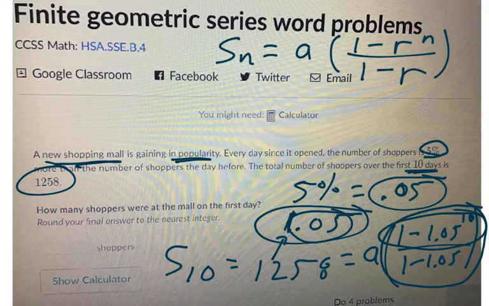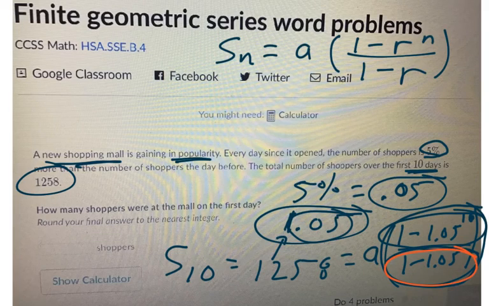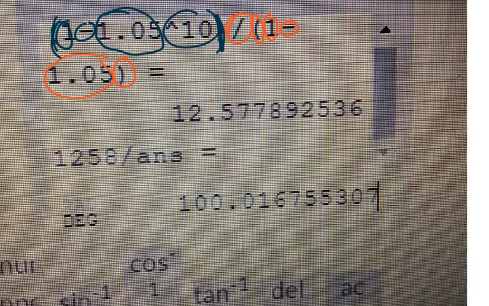I put this in parentheses right there. I'm now going to divide by that in parentheses. So as you can see right here, I did a divide, and in the parentheses, I did 1 minus 1.05, close parentheses. And I'm dividing these two to make it just one number there, times A.